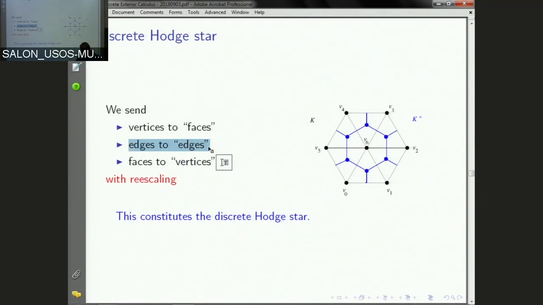Rescaling. However, this new mesh also gives me this relation. This hexagonal cell is surrounding this vertex. What that means, and it's known in computer science, is that this blue hexagon is the dual of the vertex.